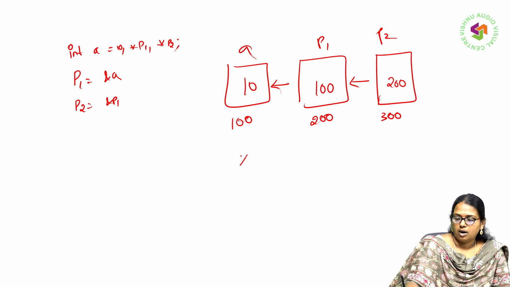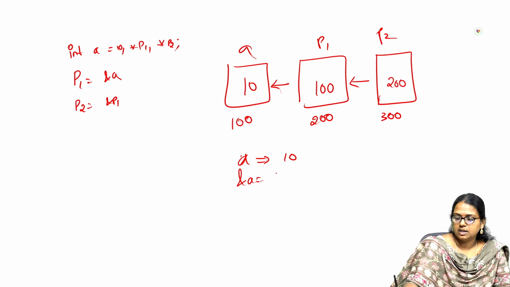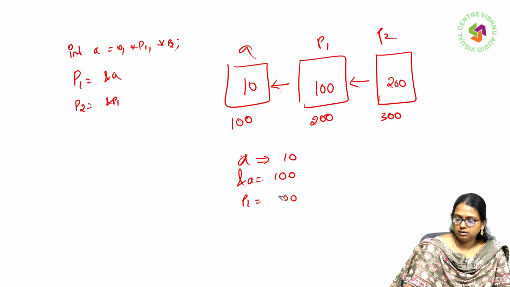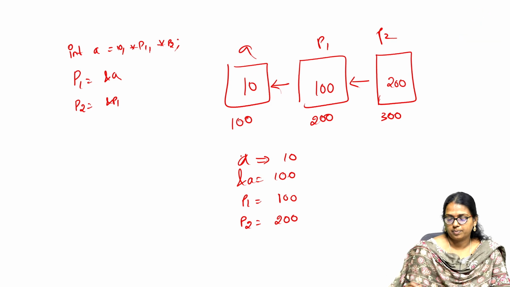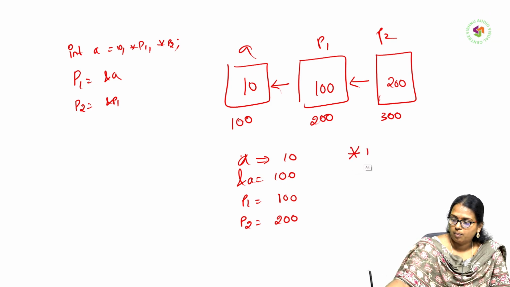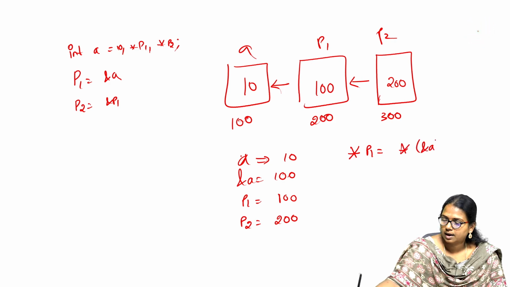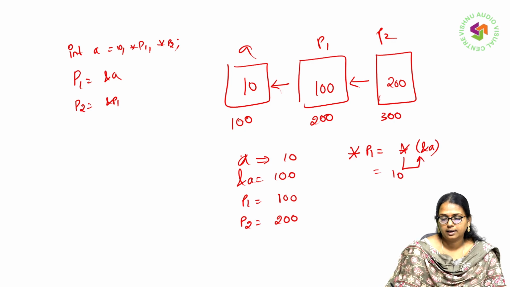Now a gives 10, &a gives 100, P1 gives 100, P2 gives 200. Now *P1 means value at the address of a, which is 10.